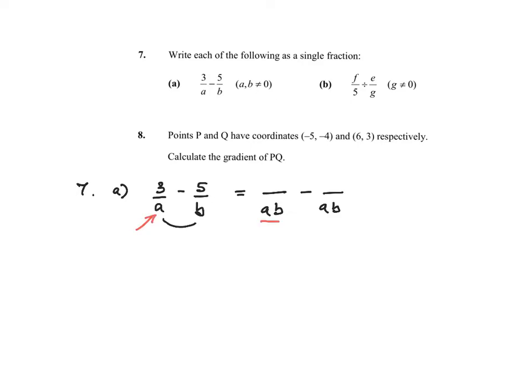I multiply it by B. So I must also multiply the 3 by B. What do I multiply this B by to get AB? I multiply it by A, so I must multiply the 5 by A. And finally we have 3B minus 5A all over AB.